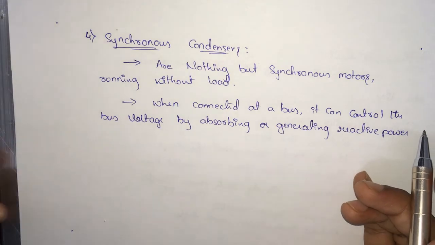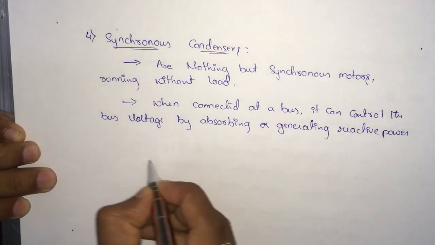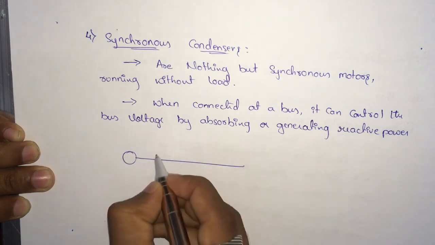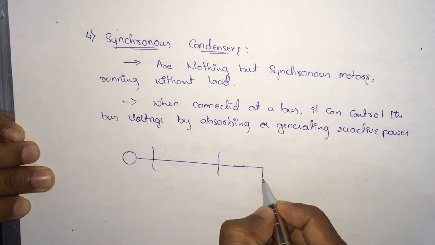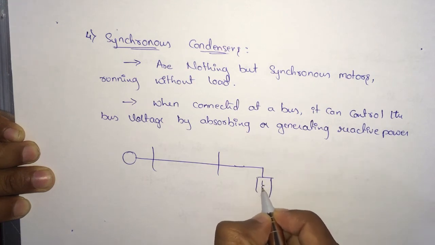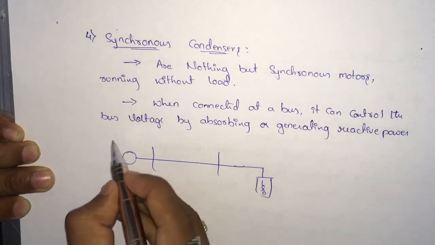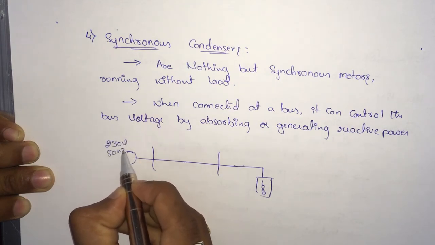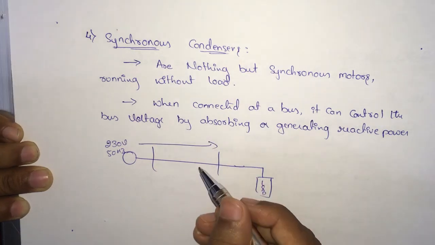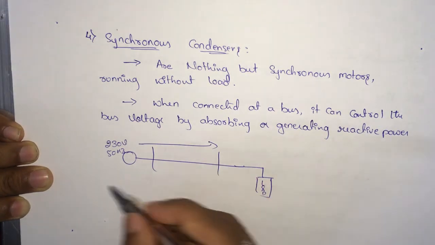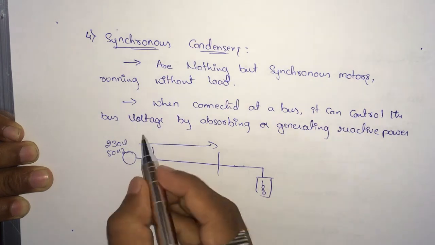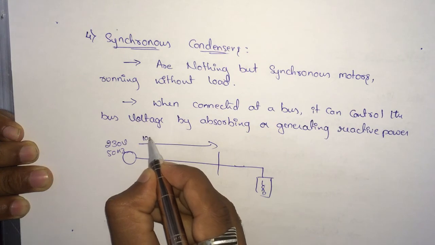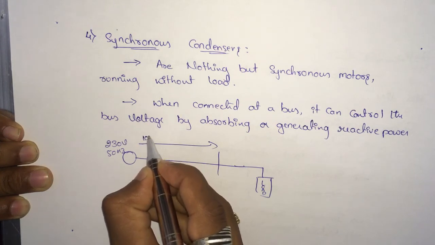Let us consider a system. We have a supply and a load, 230 volt, 50 hertz, we are transmitting. Let us assume we are transmitting a power of about 10 megawatt.